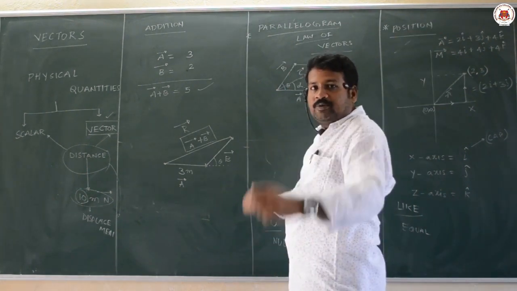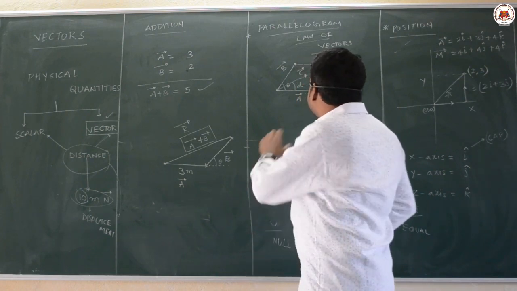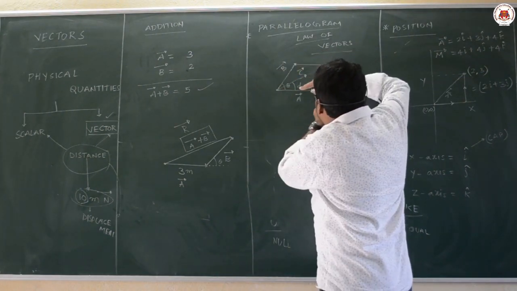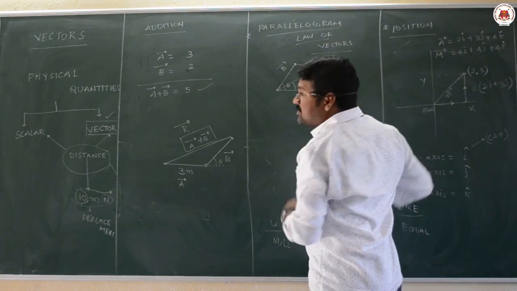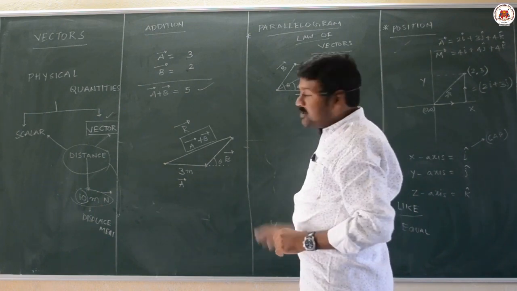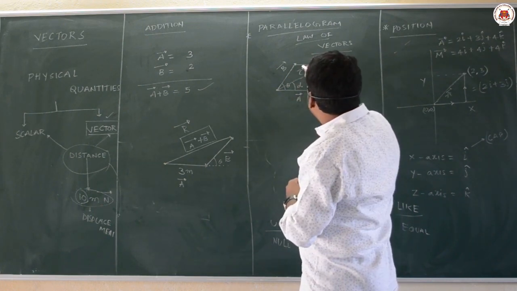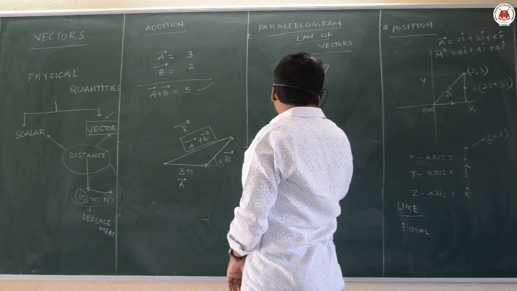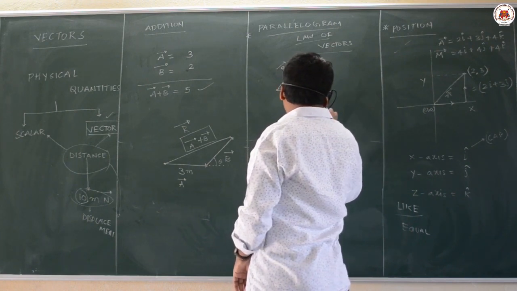An arrow is also the same. So this is A bar, this is B bar. Two forces I am applying, one like this, another like this. The body will move in this direction. This is the resultant, when C bar is equal to A bar plus B bar.